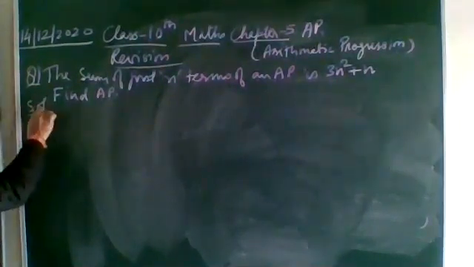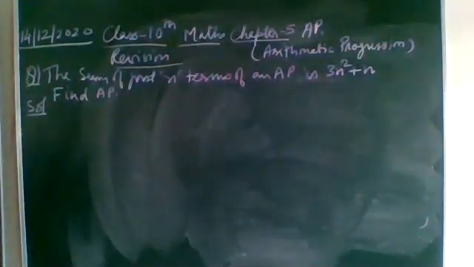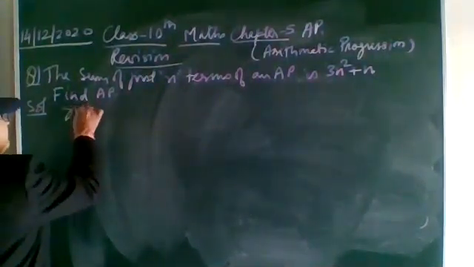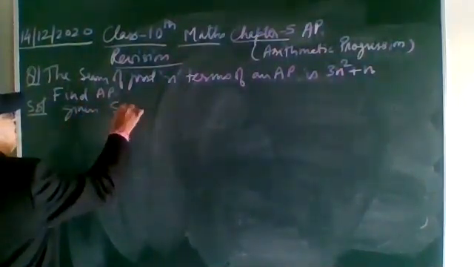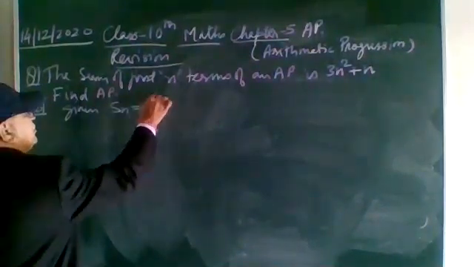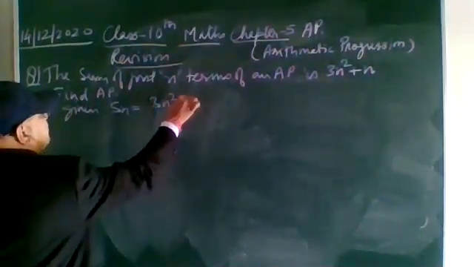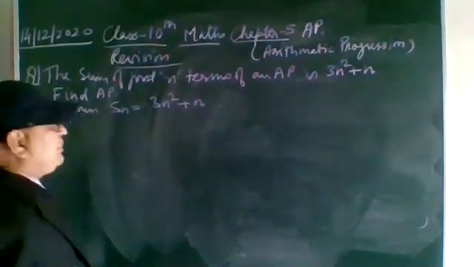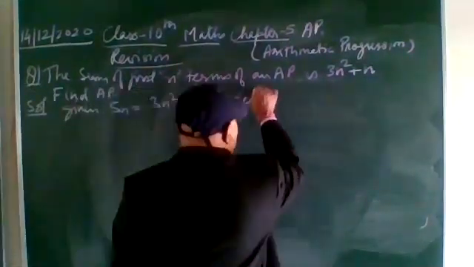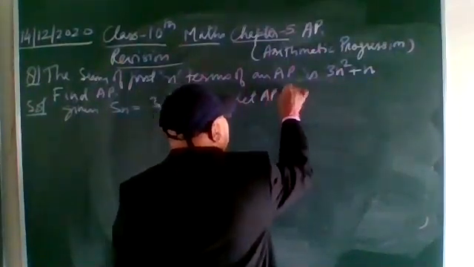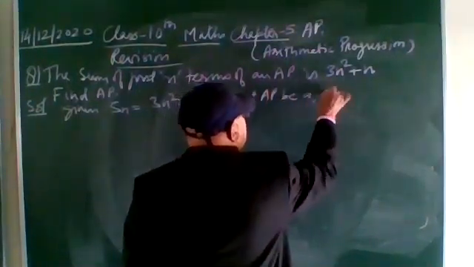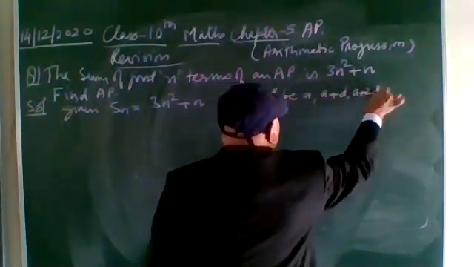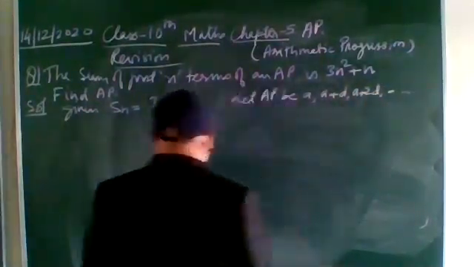Now in this question, the sum of first n terms is given: Sn equal to 3n square plus n. Find the AP. So what will you write? Let the AP be a, a plus d, a plus 2d, and so on.